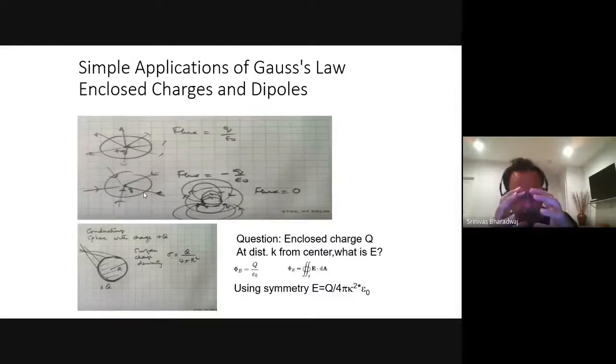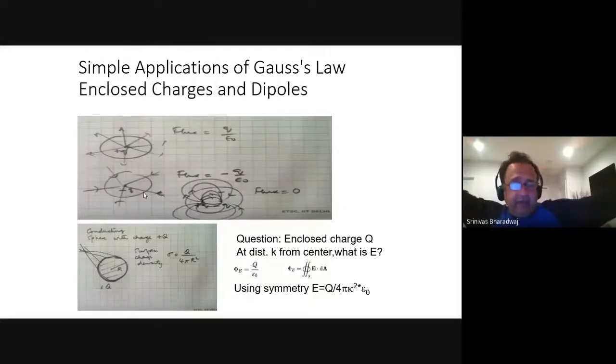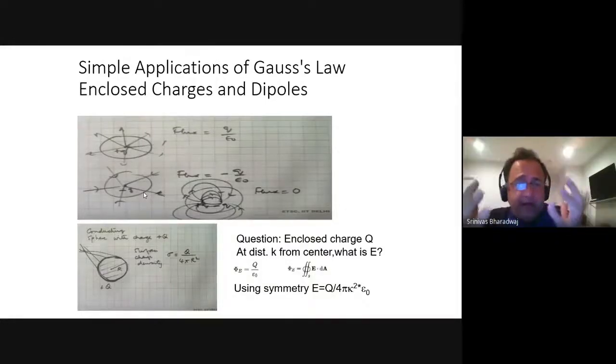Okay, so now what will the electric field look like for this kind of sphere? If R is the radius, inside it will be zero. Outside, from R onwards, you are enclosing charge.